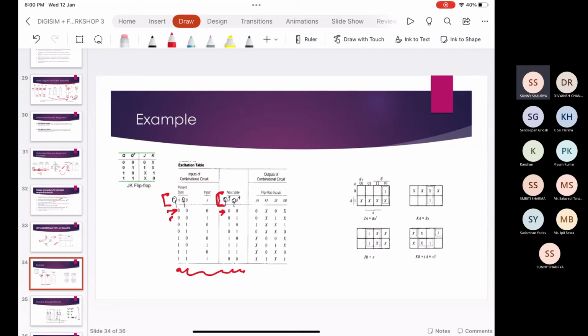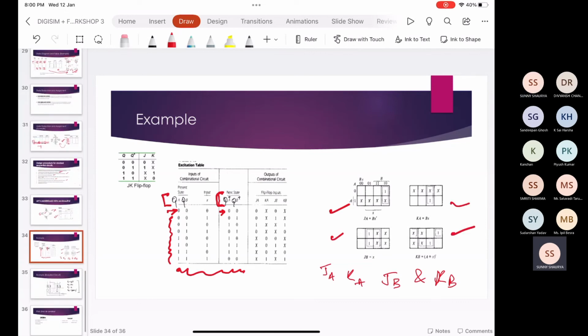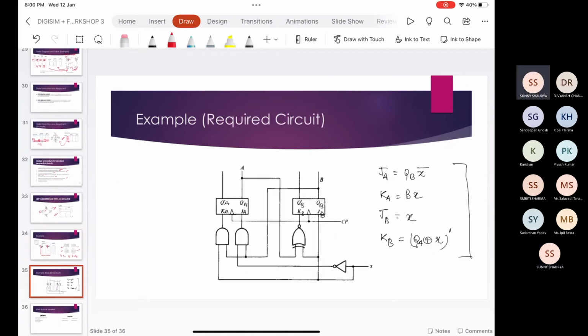Similarly, we can fill all the columns of this table, and then using K-map, we will try to figure out the values of JA, KA, JB, and KB, and the variables will be in terms of QA, QB, and X. Here it is done. The values of JA, KA, JB, and KB will come out like this after solving through K-map, and using this we can implement the circuit.